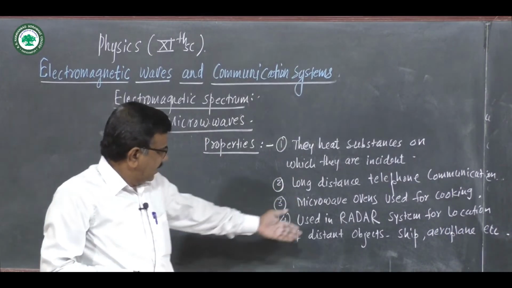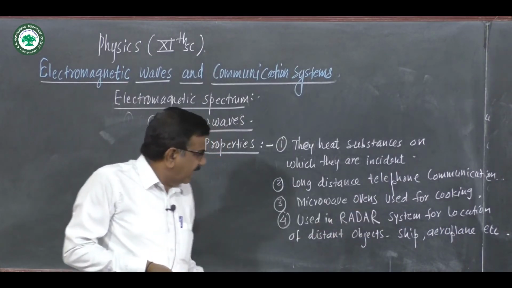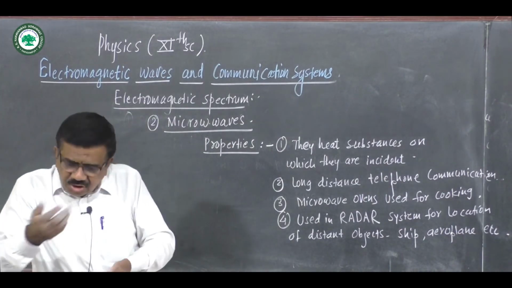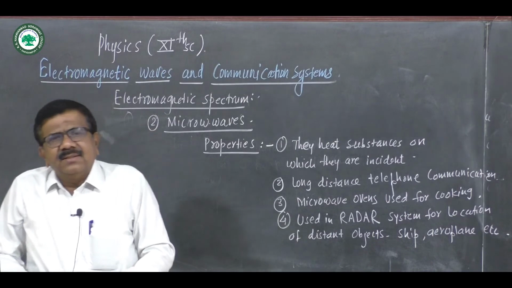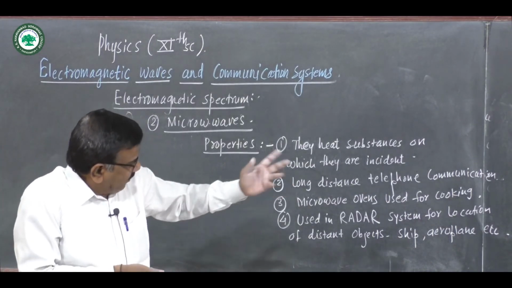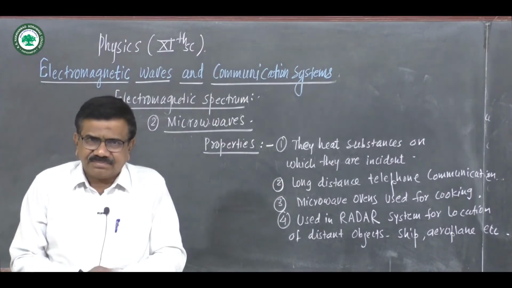Radar is a radio detection and ranging unit for the location of distant objects, that is, objects at very large distance, such as ship, aeroplane.